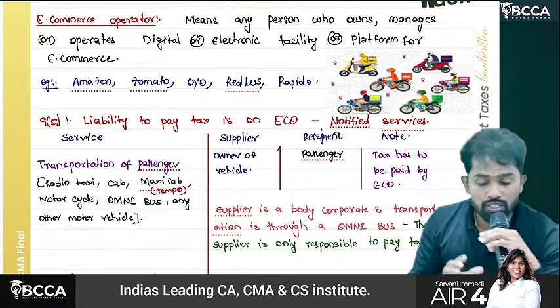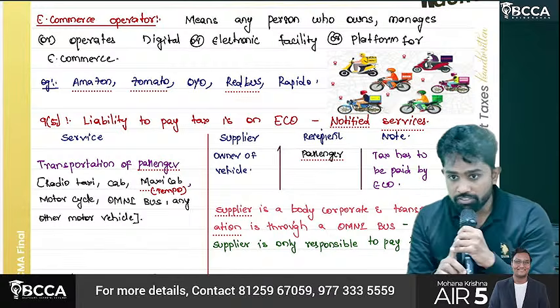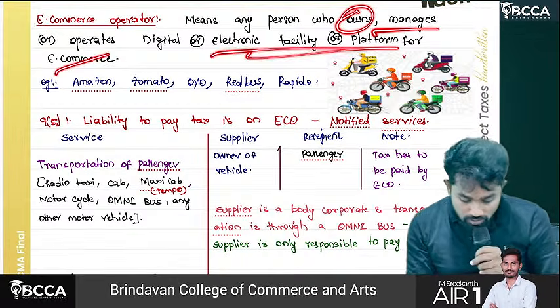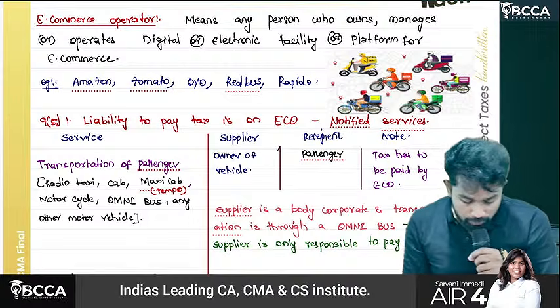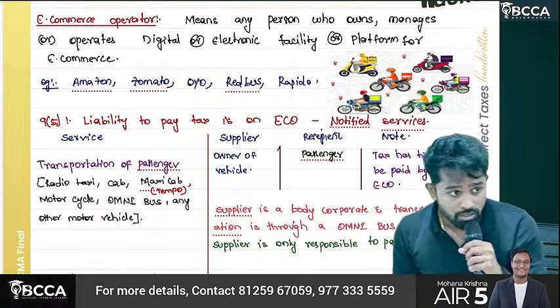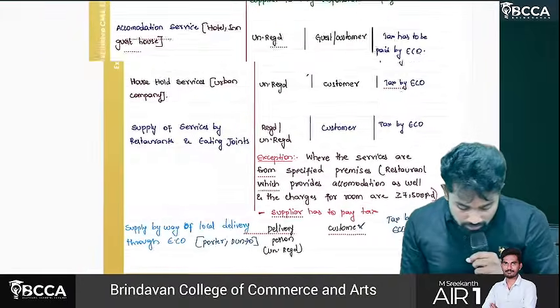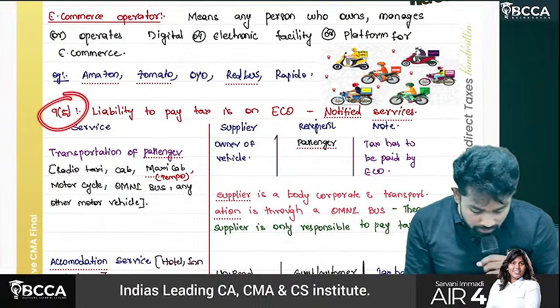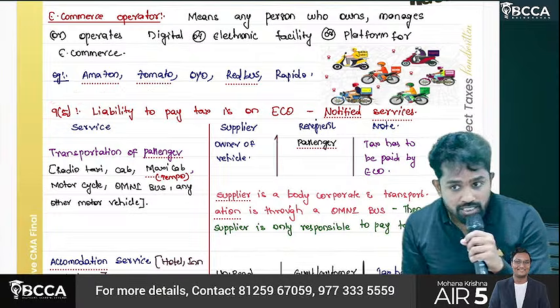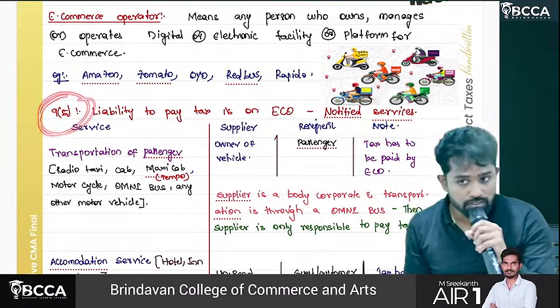He either maintains, operates or owns a platform. Then he is called what? E-commerce operator. Amazon, Zomato, Oyo, Redbus, Rapido, all these are e-commerce operators. Sir, this 9.5 is important because it is linked to TCS also. You cannot learn TCS individually if you cannot remember 9 subsection 5.